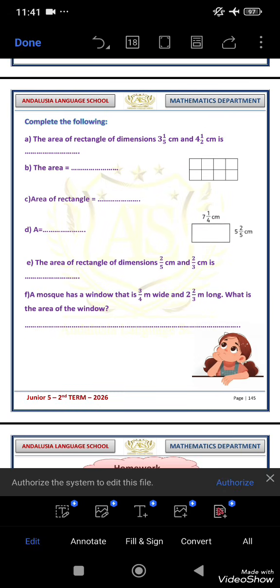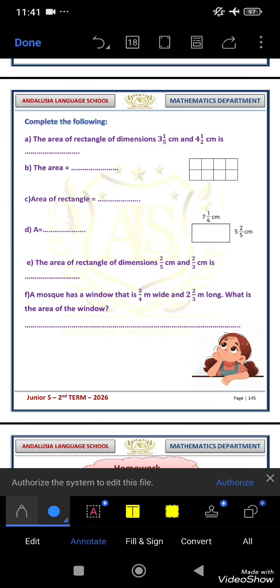Last page, 145. The area of a rectangle of dimensions 3 and 1 over 5 centimeter and 4.5 centimeter is, so area equals length times width. 3 and 1 over 5 times 4.5. By improper fraction, 3 times 5 is 15 plus 1, 16 over 5 times 9 over 2.